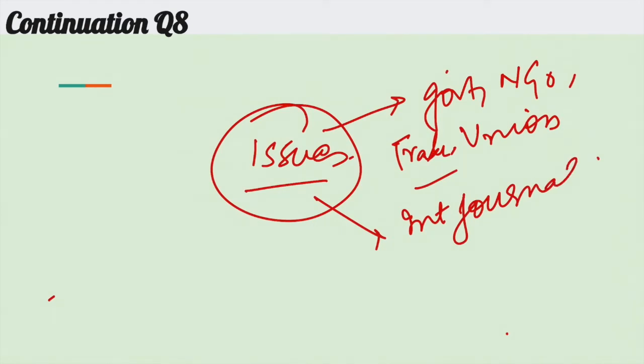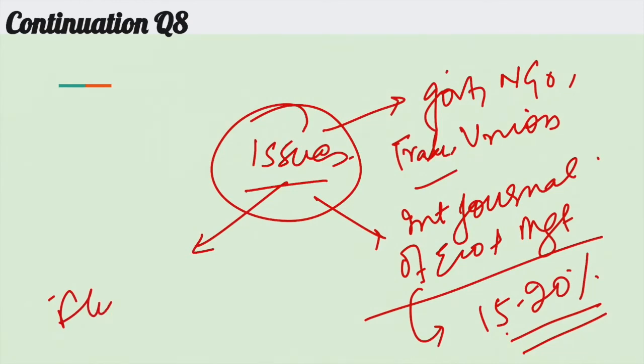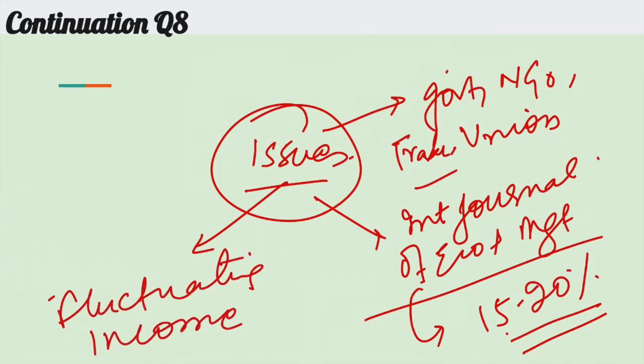But to substantiate such a point, which is very shallow in nature, you can use any report or the findings of that report. So here I am giving the International Journal of Economic and Management Studies. This report says that they are forced to pay about 15 to 20% of their daily income as a bribe.